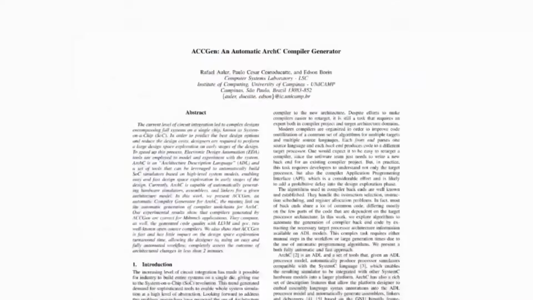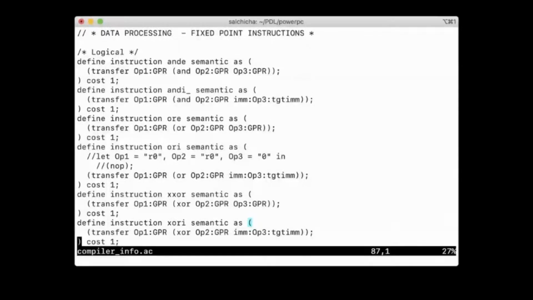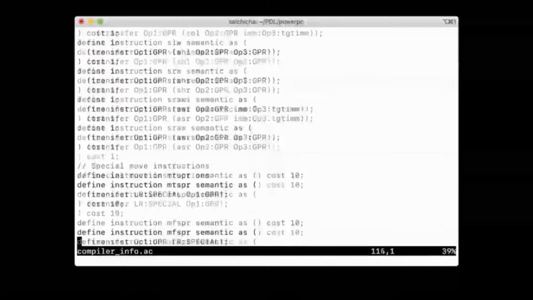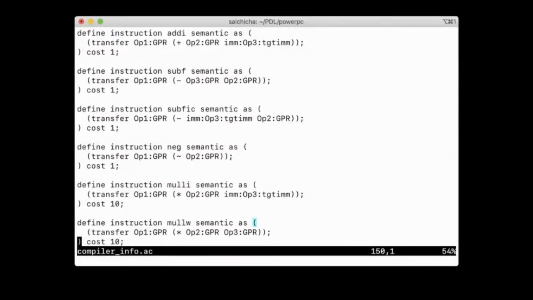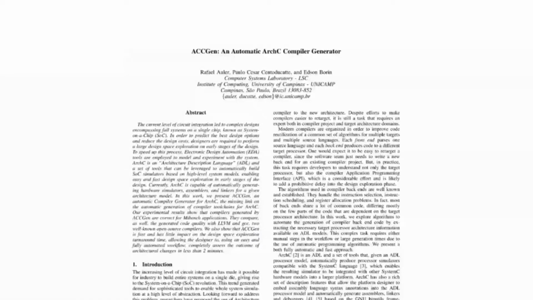However, what we had high hopes for was an ArchC extension called ACC-Gen. What it is, is kind of an RTL for declarative instruction semantics. They have a super optimizer that transforms this RTL into an LLVM backend.